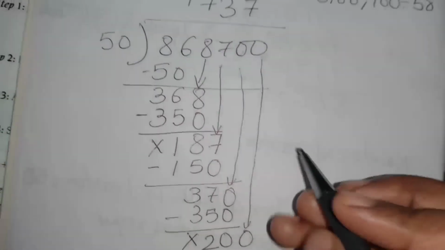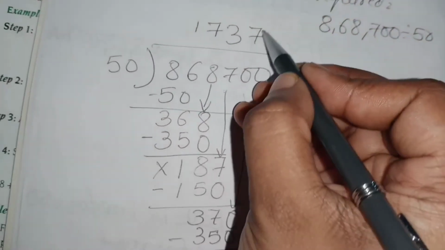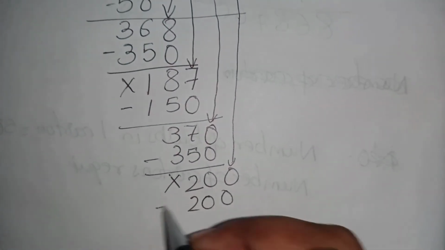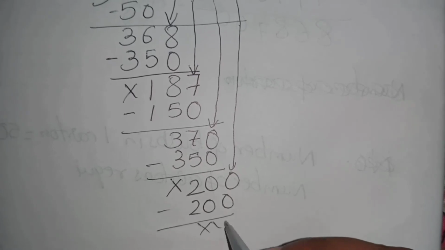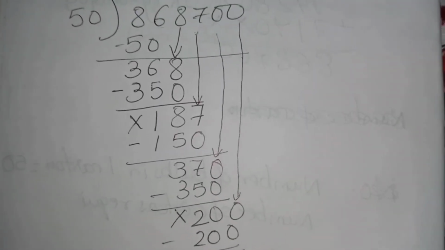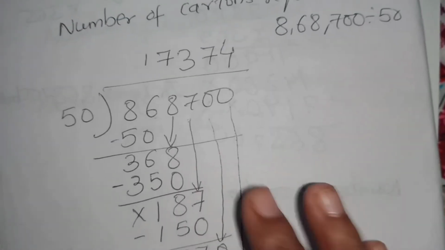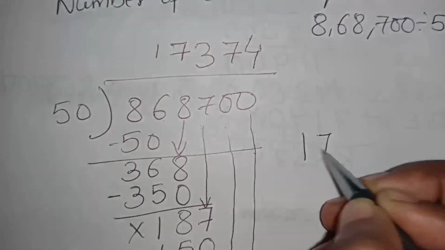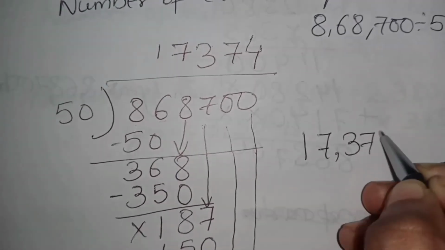So it has become 200. So 50 how many times is 200? 50 4s are 200. Put the cross, because when you subtract this you will get 0. So how many cartons are required? 17,374 cartons are required.